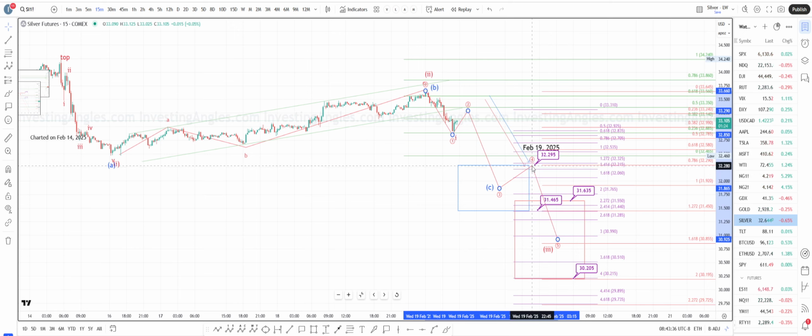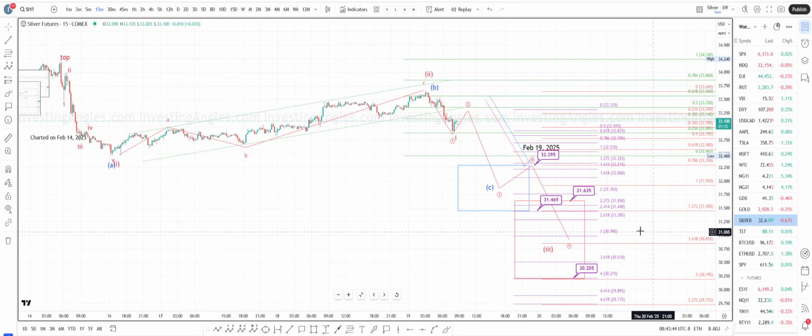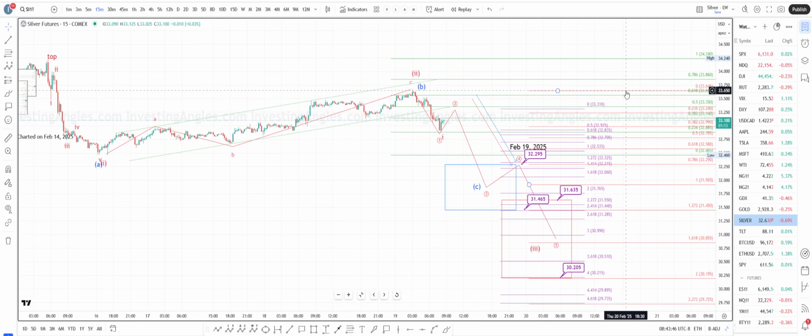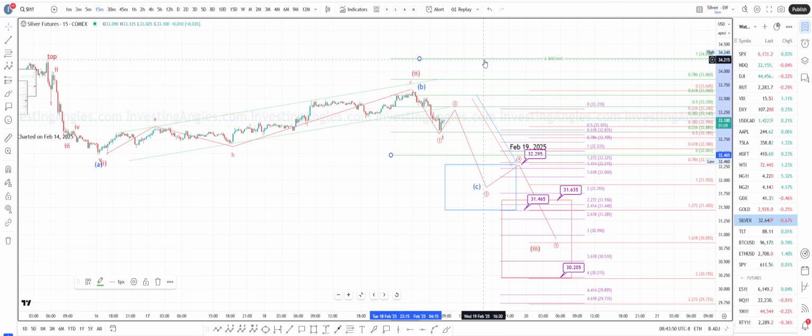Well, it would depend on how wave 2 develops. Wave 4 is usually dependent on that, and wave 5 somewhere here. So those are the very preliminary targets for this particular move.